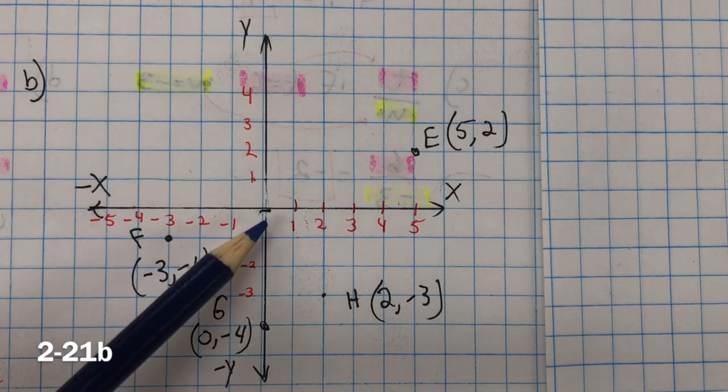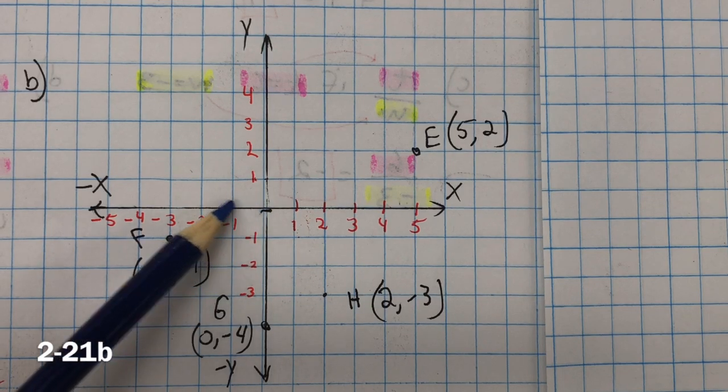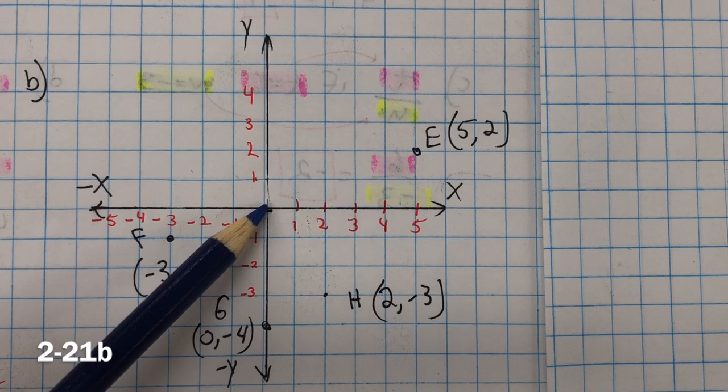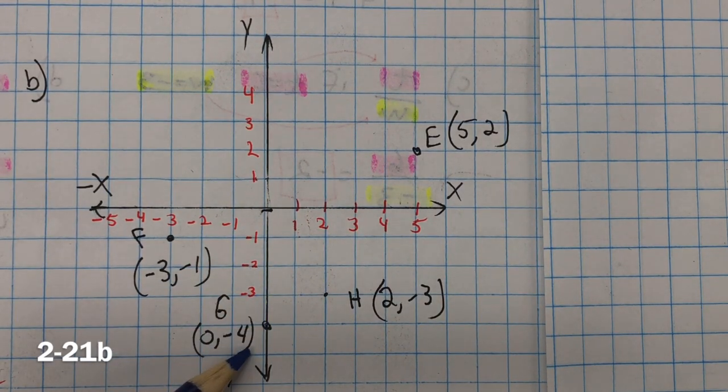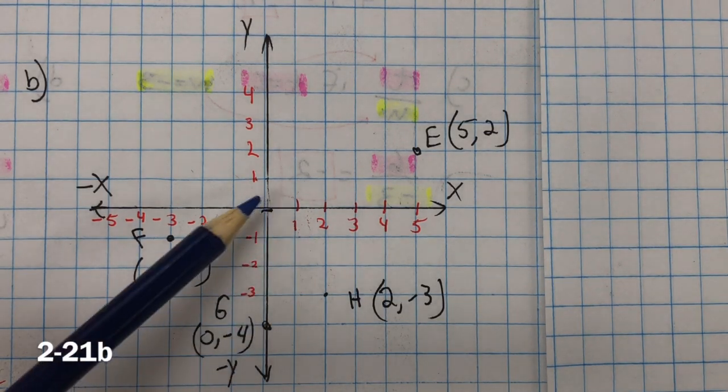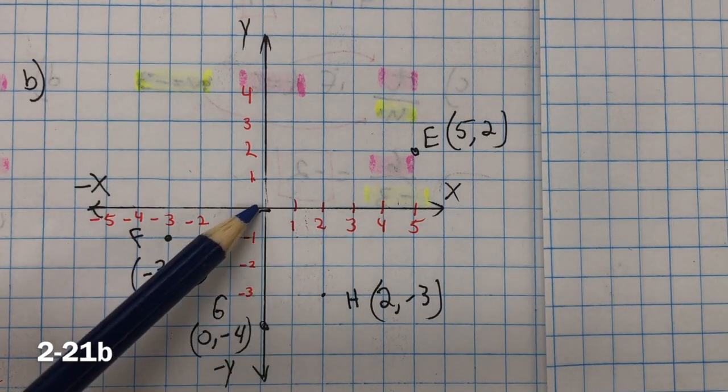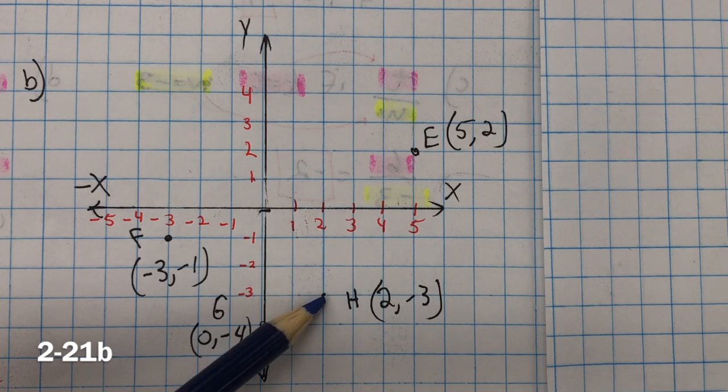Point G is 0 on the x, so you're not going anywhere on the x-axis, but you are going negative 4 on the y. 1, 2, 3, 4, so that's 0, comma, negative 4. And point H is 2 on the x, negative 3 on the y.